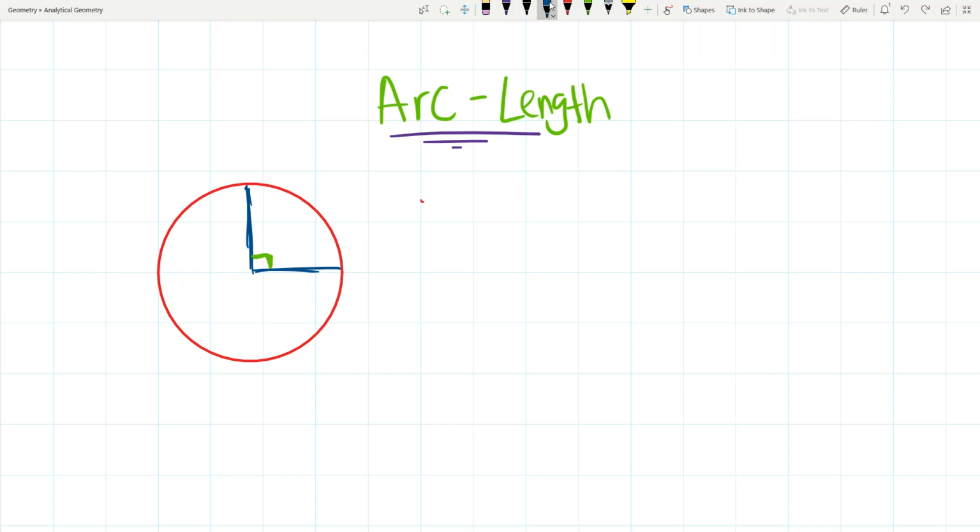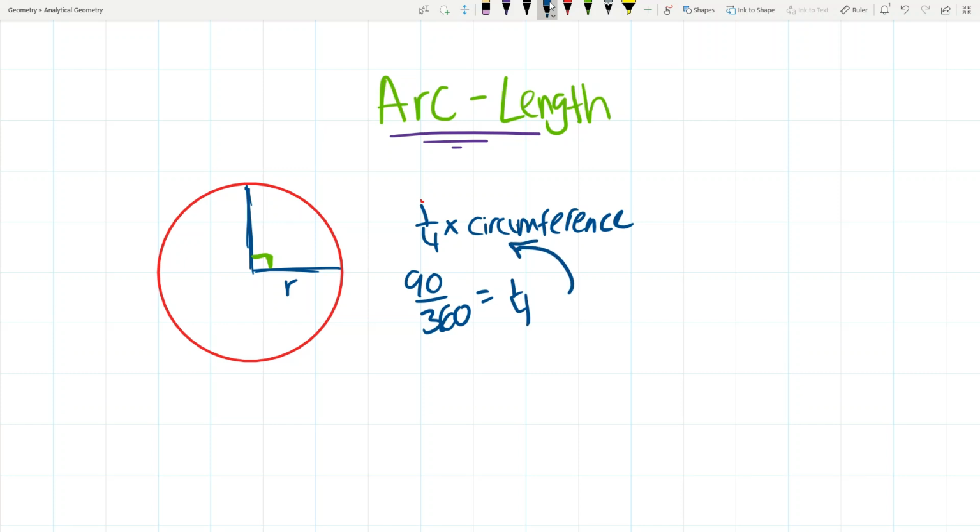Well, let's just keep the radius as r. So then, to find this, we know that it's 1/4 times the circumference, right? Because this angle is 90 degrees, and 90 over 360 is equal to 1/4, which is where we get our 1/4 from.